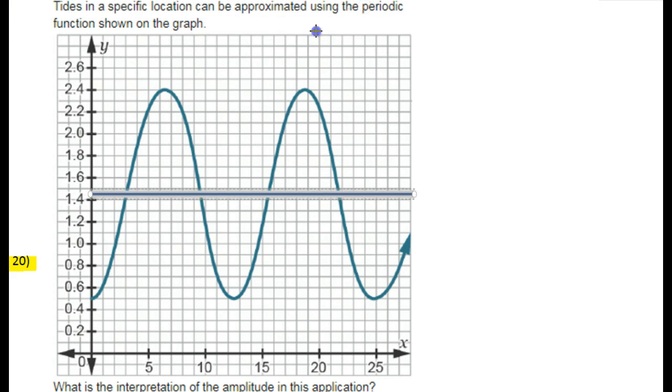I don't know what they call it when it's right in the middle, but I know there's such thing as high tide and there's a such thing as low tide.